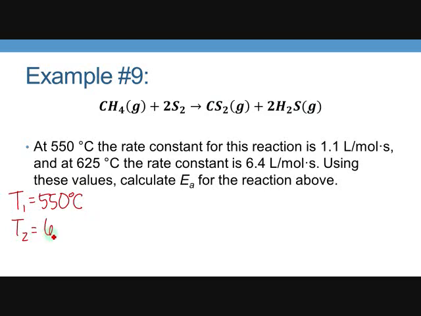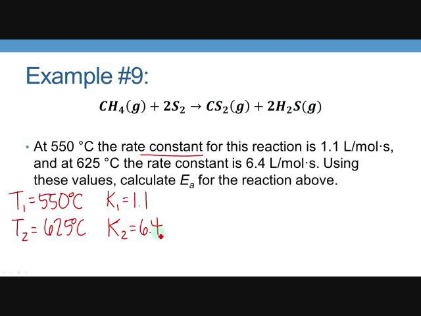Temperature 1 is 550 degrees Celsius, and temperature 2 is 625 degrees Celsius. Since we have two temperatures and two rate constants, the first rate constant, 1.1, relates to the first temperature, and the second, 6.4, is for the second temperature.